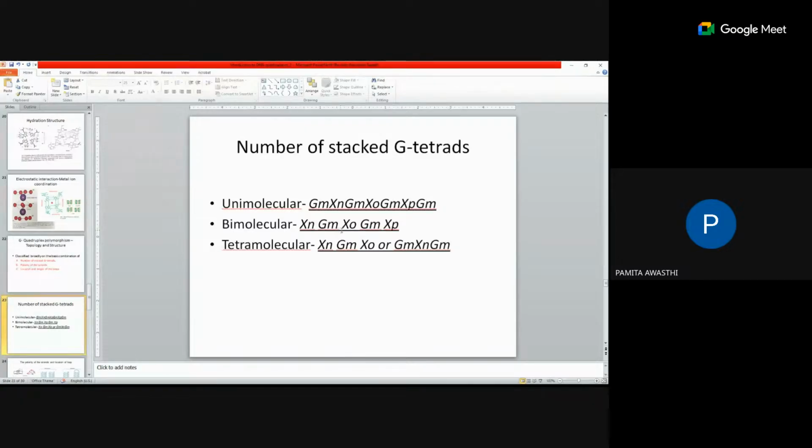It can be 0 in case of bimolecular, or may not be 0. Then comes the tetramolecular. In case of tetramolecular, there are 4 strands with this terminology. They arrange themselves. So broadly, the G quadruplexes are categorized into unimolecular, bimolecular and tetramolecular.